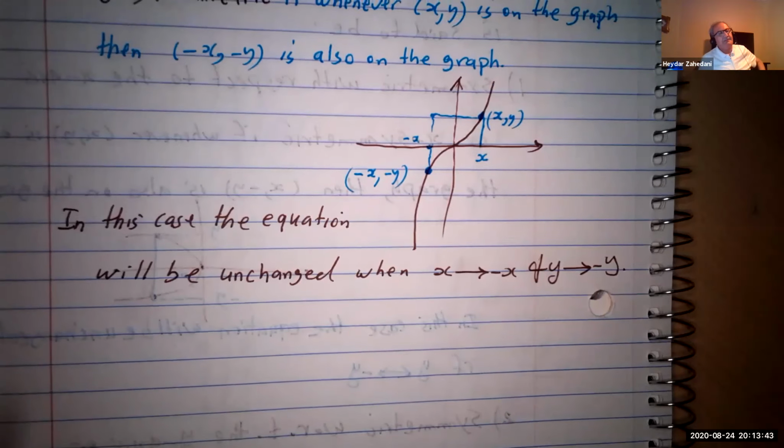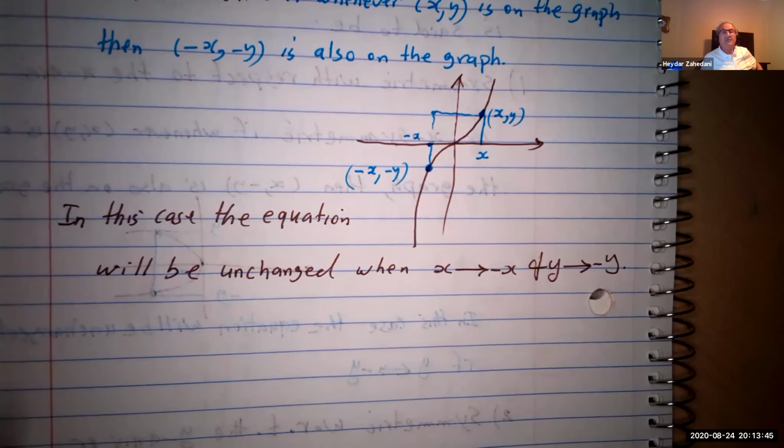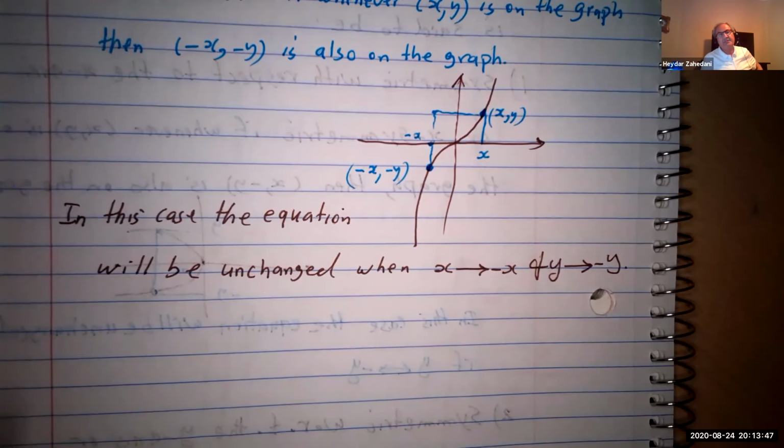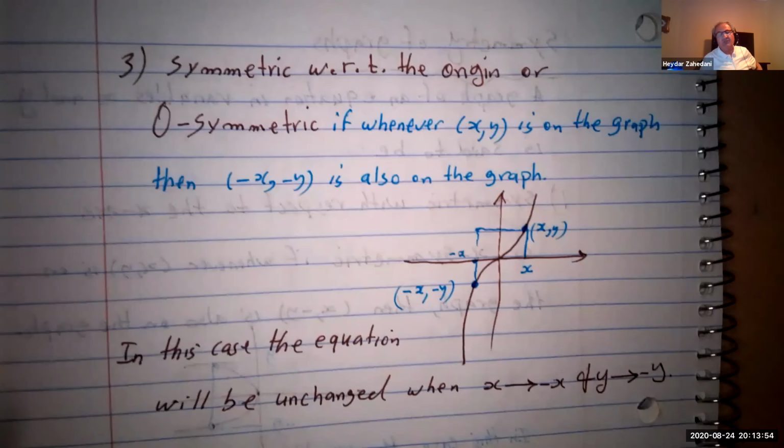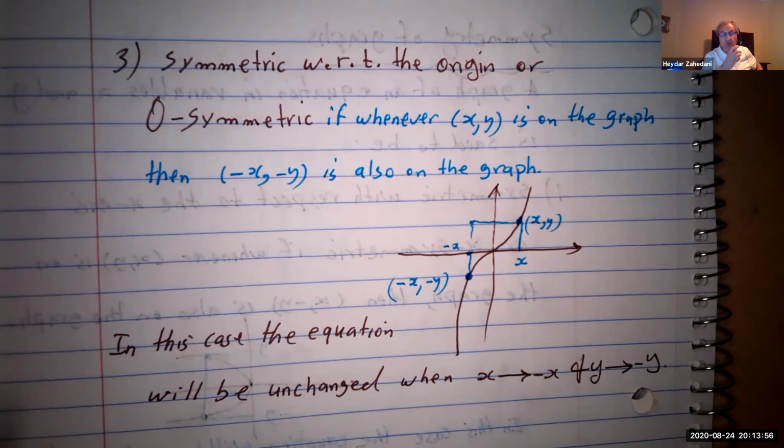So your job: we give you an equation and we ask you to determine what type of symmetric property you are going to have. Now, how are we going to check? There is a very quick way to do it for this course. You look at the powers of the x and the y.